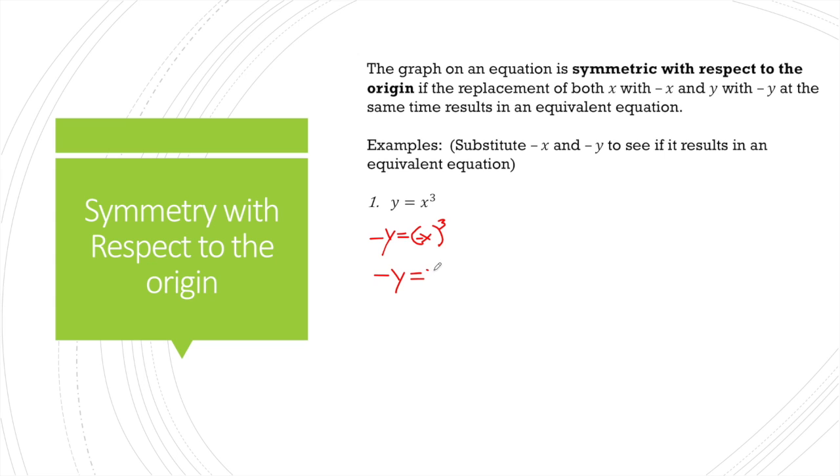Well, let's go ahead and divide both sides by negative 1, right? We want that coefficient on our y to be a 1. That gives me y equals x cubed. So this cubic equation is an example of an equation with symmetry with respect to the origin.